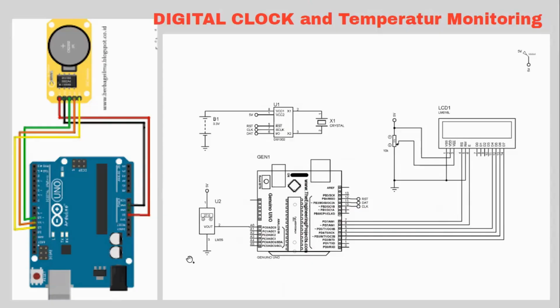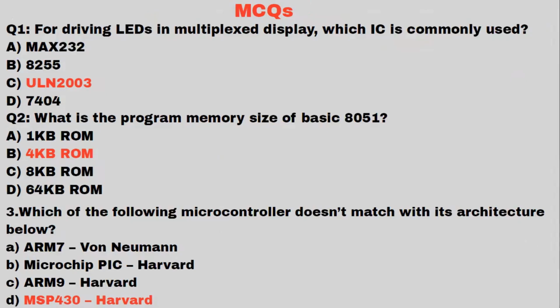For running both the clock timing and showing the temperature on the 16x2 LCD screen, we have used the Arduino board. So you will learn the timing part, the sensor part, and the display part. This is a good example, and it will be the second project I suggest for you all.